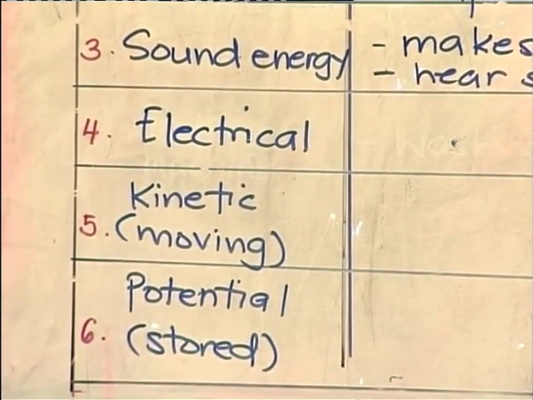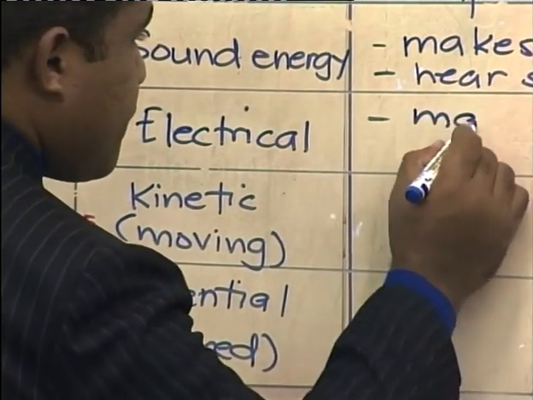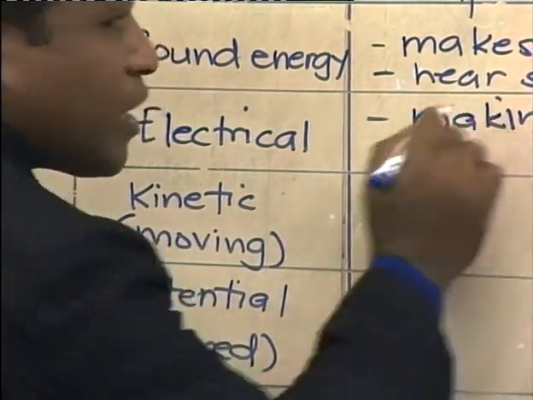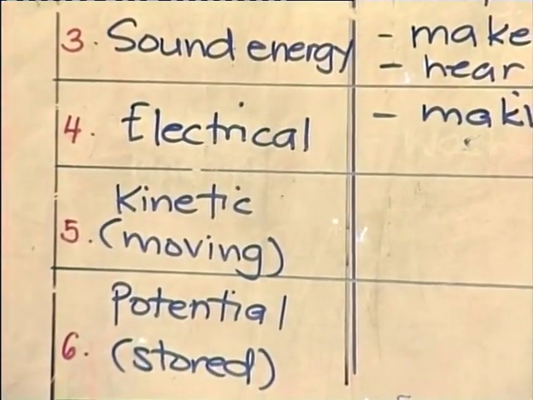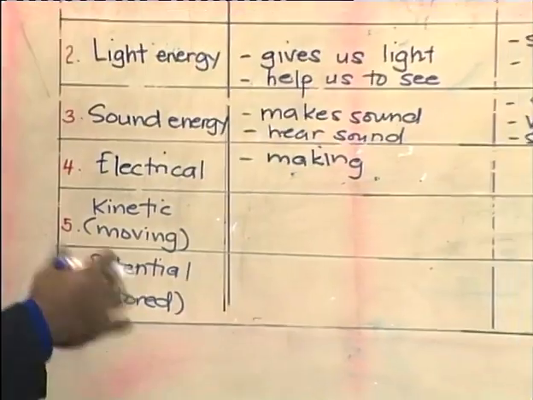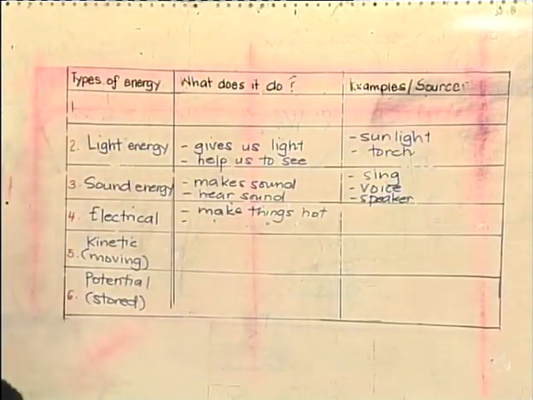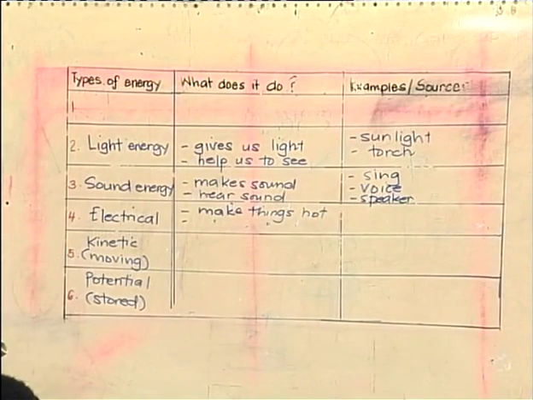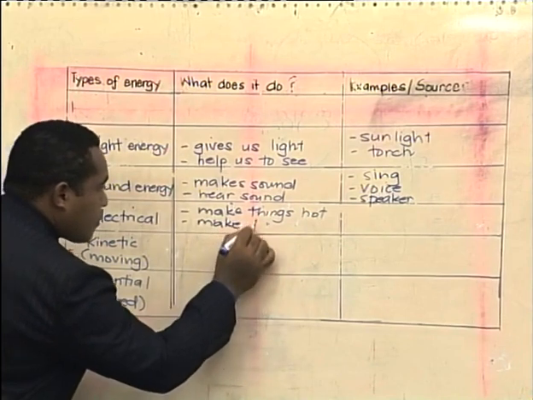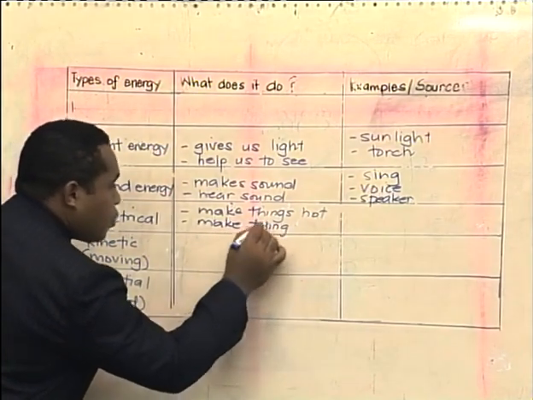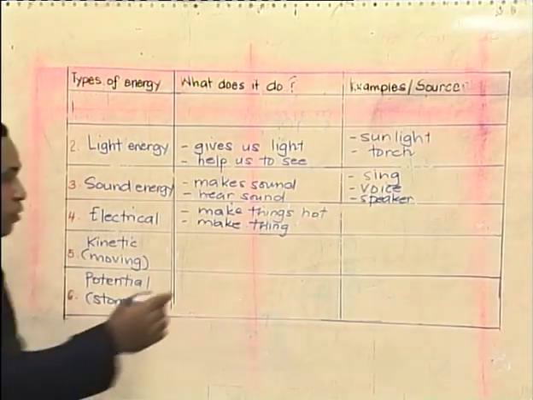It makes things hot, right? For example, when you are using a jug, you use electricity. So it makes things hot. What else? It makes things cool, like for example, you have the fan there. So a fan helps you to keep cool.